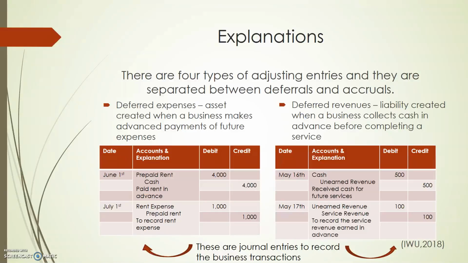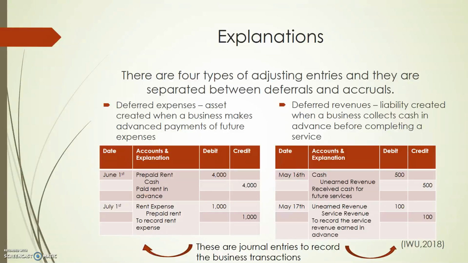Now, when the next month comes, $1,000 is subtracted because the rent is $1,000 a month. So that person has prepaid rent for up to 4 months. After the $4,000 is gone, that person can prepay the rent again. But this is just how you record it in the journal entry.